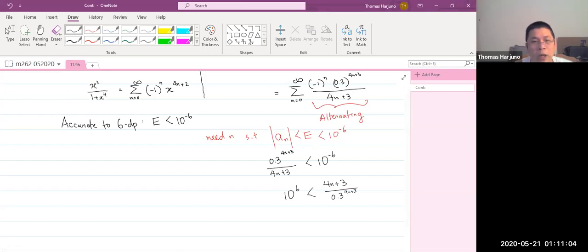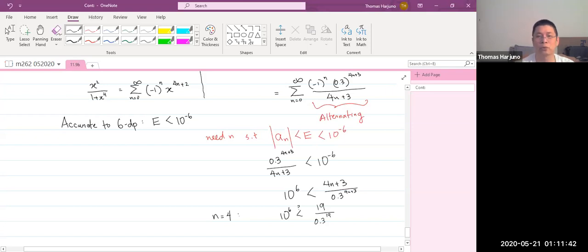Get my calculator again. Let's use n equals 4. Is it reasonable to use 4? I'm just guessing. Okay, when n equals 4, is it true that this will be 19 over 0.3 to the 19?